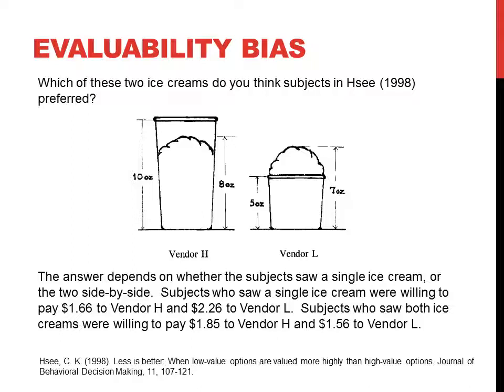In other words, the cup is overflowing, looks like it's worth more, therefore we will assume that it is worth more. So this is an interesting study because it shows us that the context of a decision must allow for comparative assessment in order to avoid this bias.